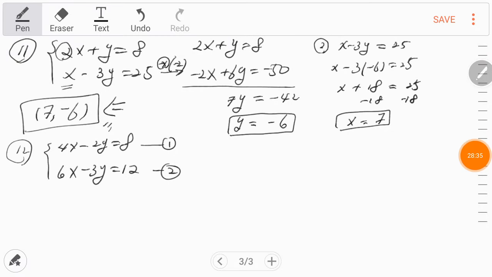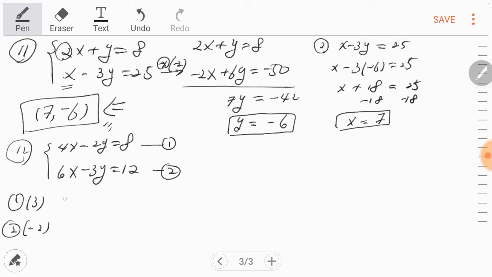Okay, number 12. In order to solve this one, let's get rid of y. So why don't we multiply the first equation by 3 and the second equation by -2? You can either eliminate x or y, it doesn't matter. At this time I will eliminate the term y.